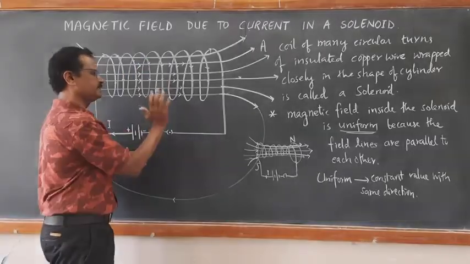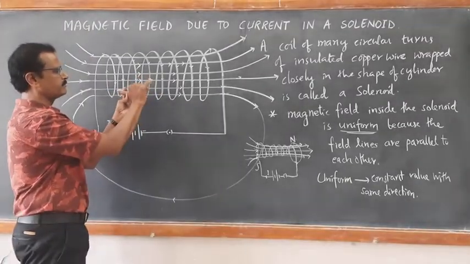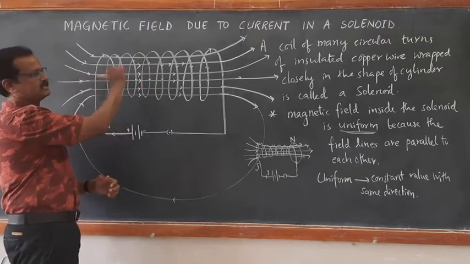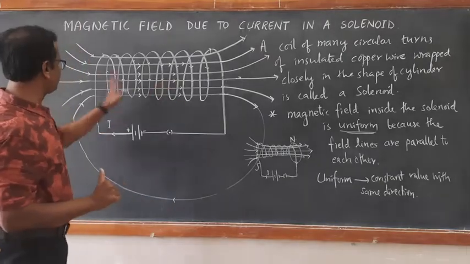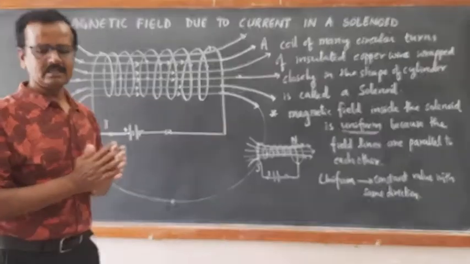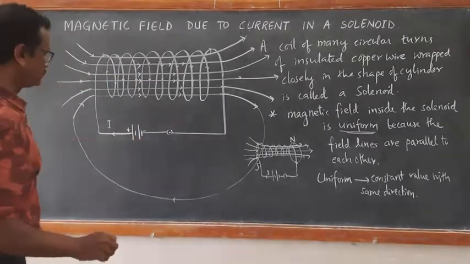When the current enters perpendicular to the plane of the board, you see the thumb is pointing leftwards. It means the magnetic field is pointed towards the left side. This is how we find out the direction of the magnetic field using the right hand thumb rule.